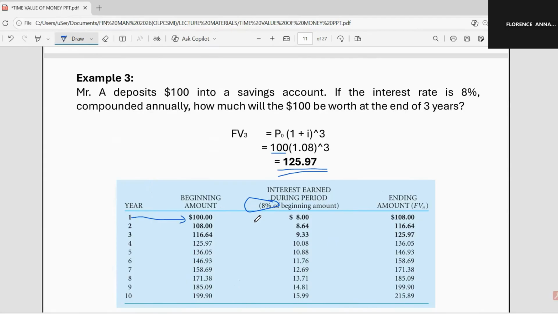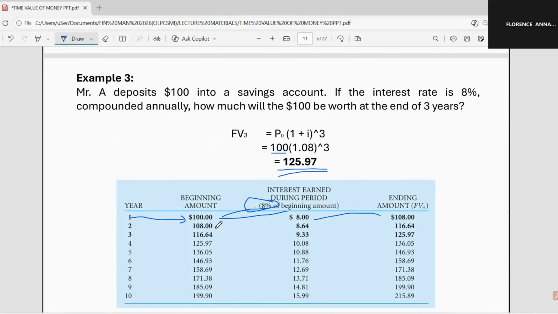Sabi natin, kapag compounding, hindi lang si principal yung nag-earn ng interest. Si interest will also earn interest. So, that is 100 times 8%, you get $8. So, 100 plus 8, your ending amount at period 1 is 108.